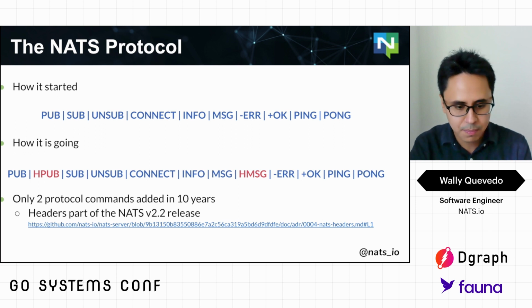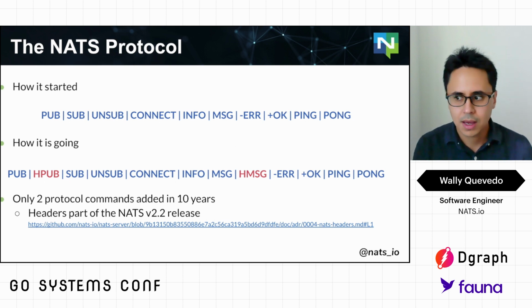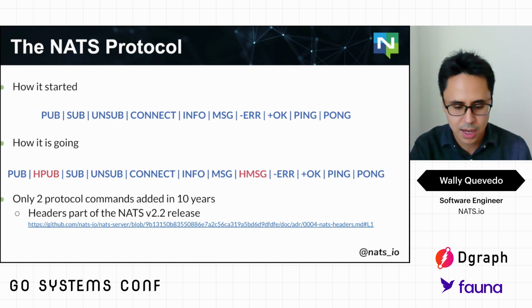It started with the same number of commands: pub and sub to publish and subscribe, unsubscribe to stop receiving messages, connect for establishing an authenticated connection to the server, info, which announces some metadata and some of the state from the server and is the first line that you get, and msg, which is the awaited payloads that you receive from the server.